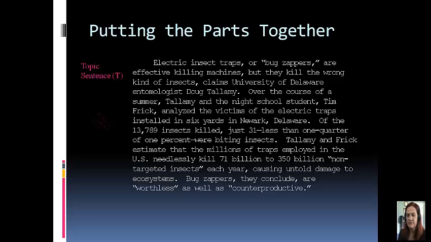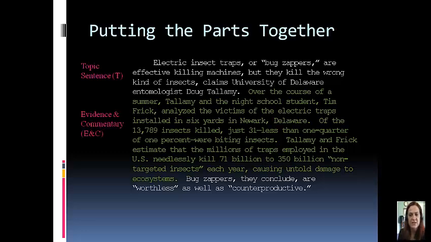Then we have our evidence and commentary. So our evidence starts out with this experiment that they did in 6 yards in Newark, Delaware. And they counted out 13,789 bugs. And of those 13,789 bugs, only 31 were biters. So that means they not only counted the bugs, but they typed the bugs.